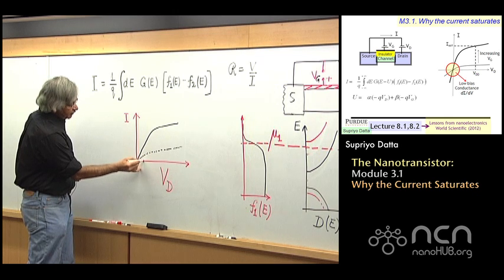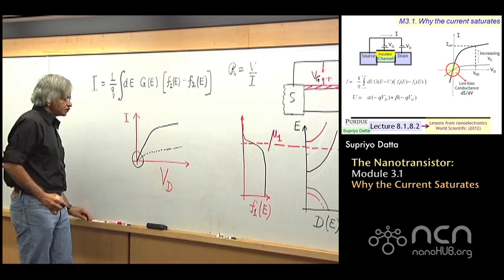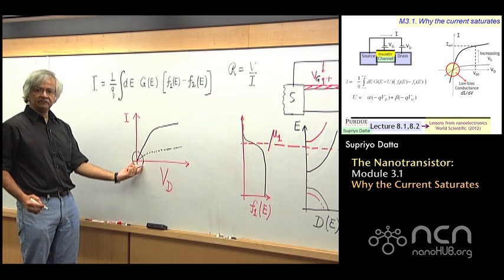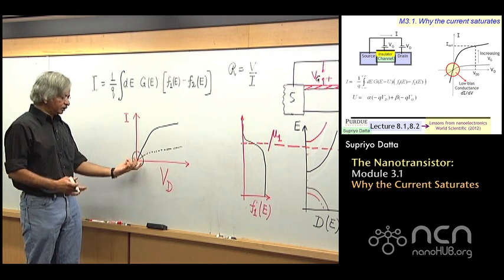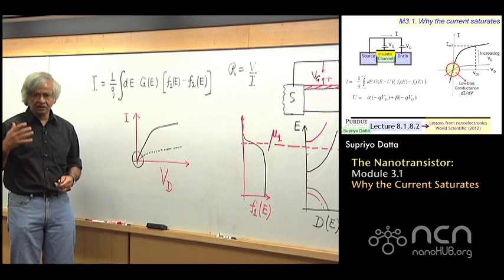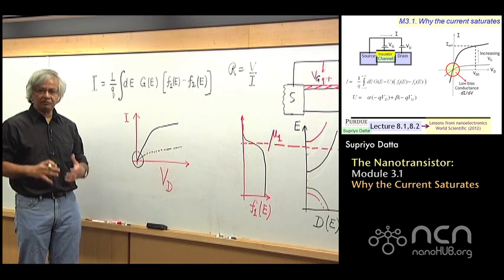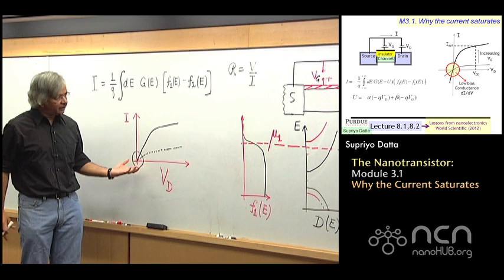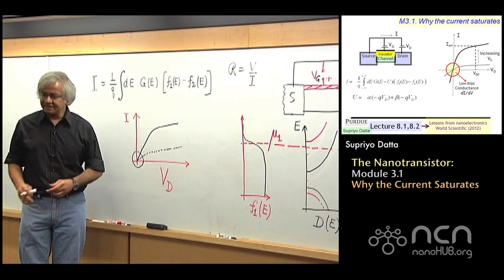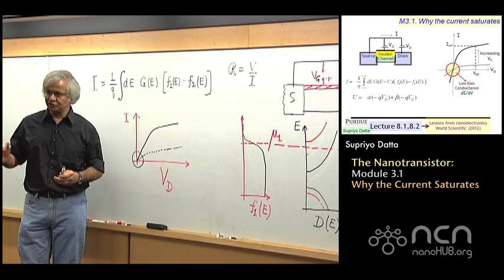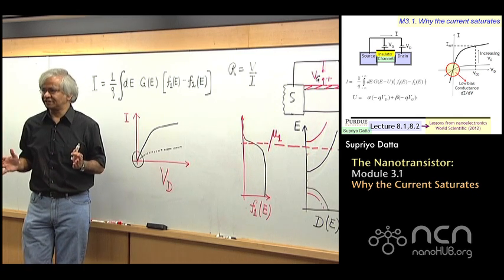Now, if you are interested in the slope of I versus V around here, that is what you'd call the low bias conductance or linear response. And that is what we have talked about for 2 weeks. And this week, as I said, I won't really be telling you enough about nanotransistors to do justice to this subject.